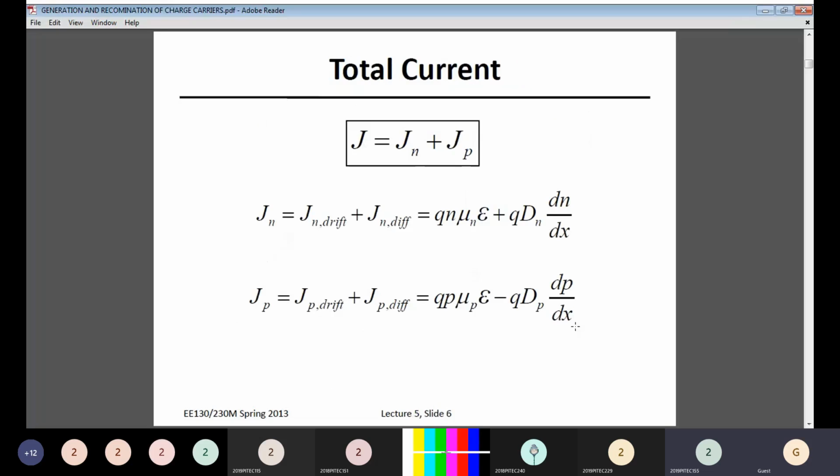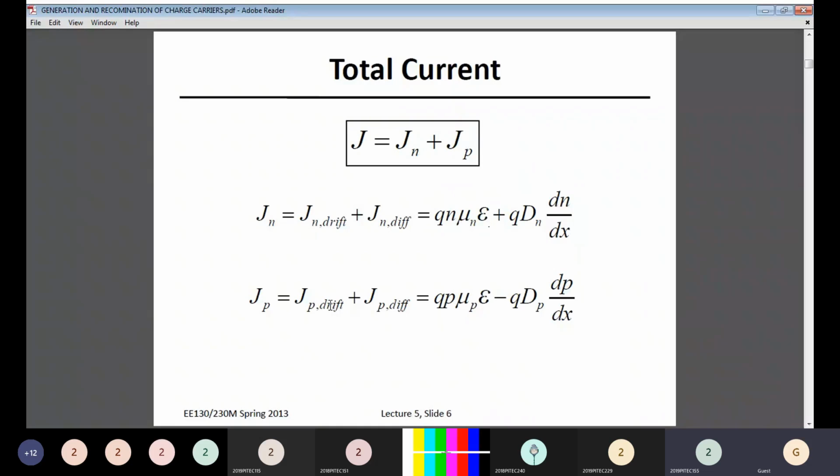Now the total current density is given as J equal to the current density of the n-type charge carriers plus the current density of the p-type charge carriers. So Jn is equal to Jn drift plus Jn diffusion, which is equal to Q n mu n epsilon plus Q Dn dn by dx, where Q is the charge, n is the number of electrons, mu is the mobility, and epsilon is the electric field in the n-type region.